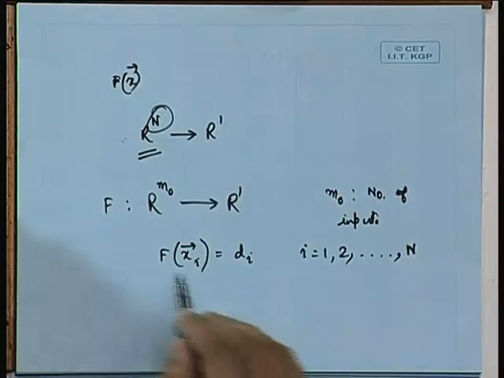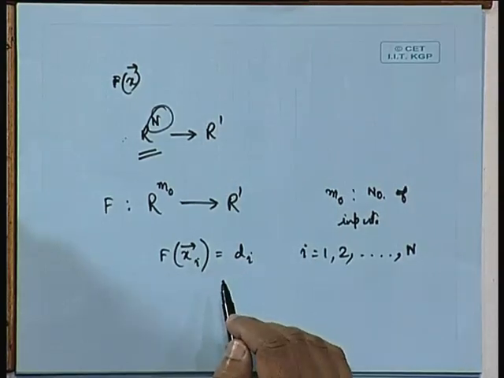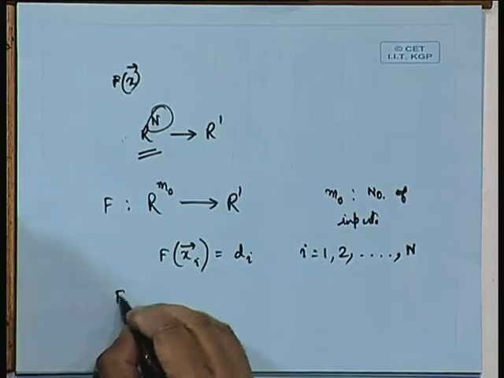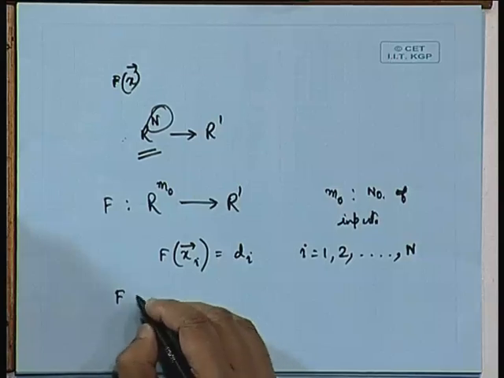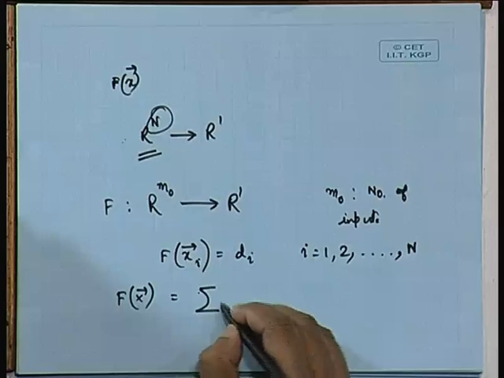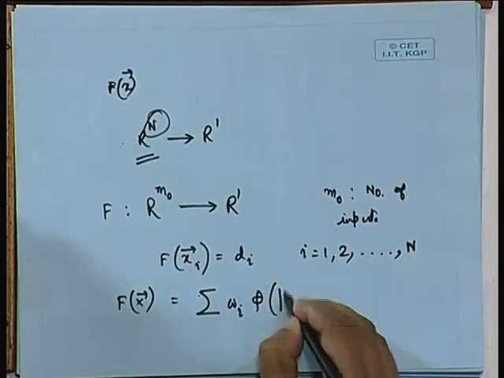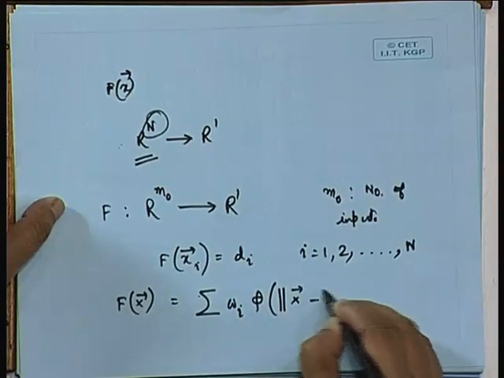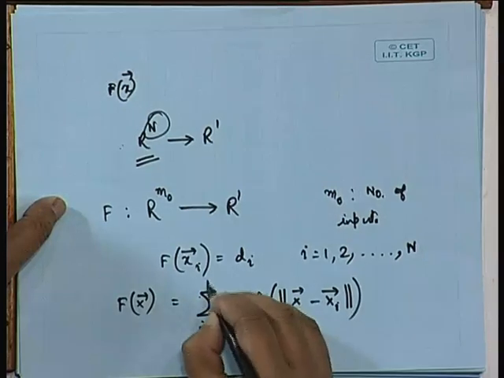This f(xi) = di is going to be fed as the constraints. And as we had written down, if we model it in terms of the radial basis function networks, then we write f(x) as the summation of wi phi, where phi's argument is the norm of x minus xi, adding it up for i = 1 to n.